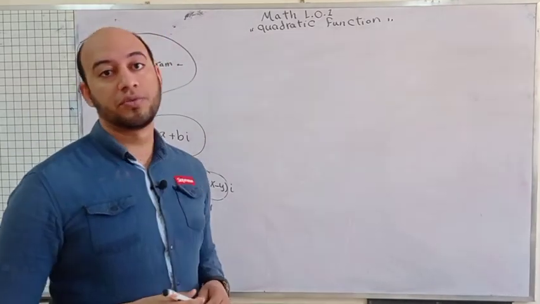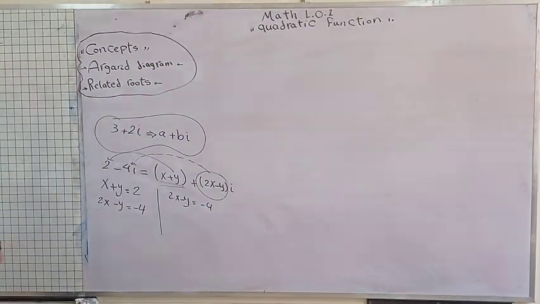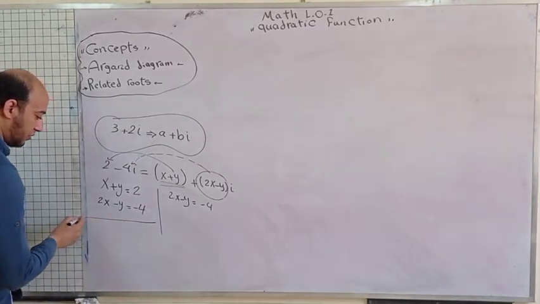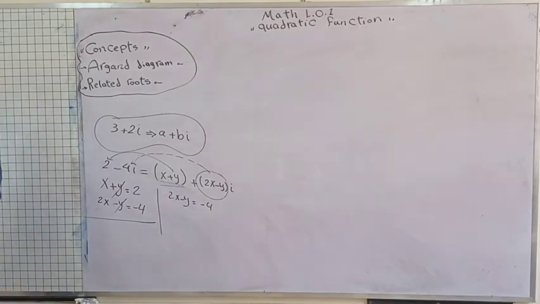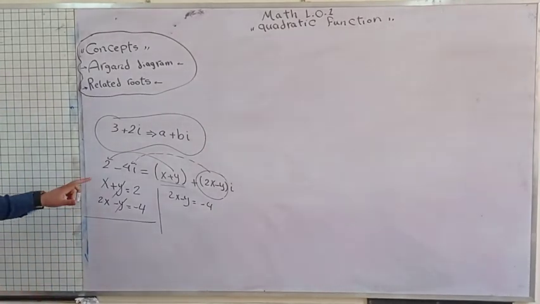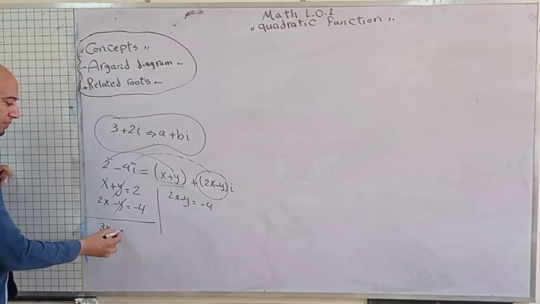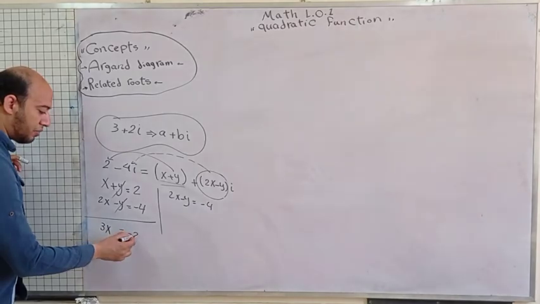Okay, let's continue solving this equation. We will use the elimination method. We will add the 2 equations. Positive y will be eliminated with negative y. X plus 2x will be equal to 3x. 2 minus 4 will be equal to minus 2.